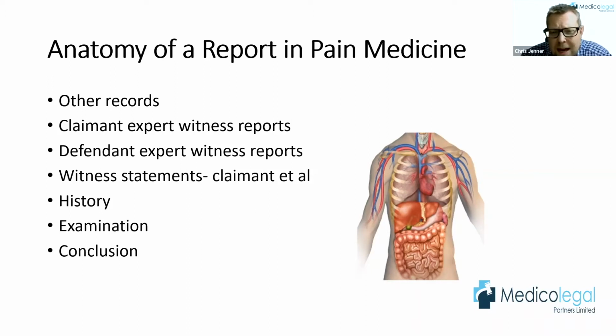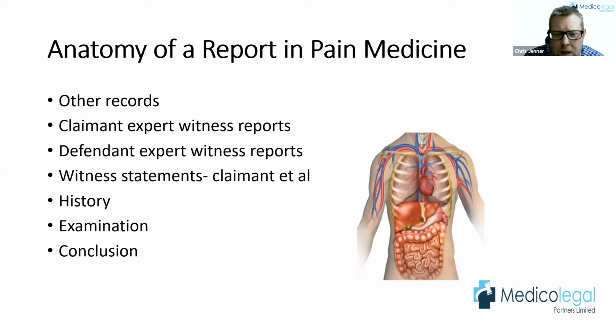The next thing we have is a section on the history of the patient's pain. Now, approximately 2 to 3 weeks before I see a claimant, we will send them out a detailed pain questionnaire, and that will ask them questions about their pain. So things like site, character, duration, radiation, aggravating, relieving, associated factors.